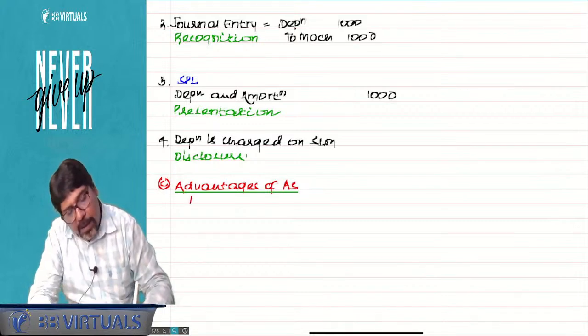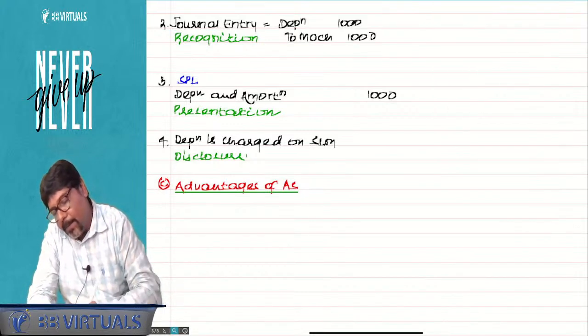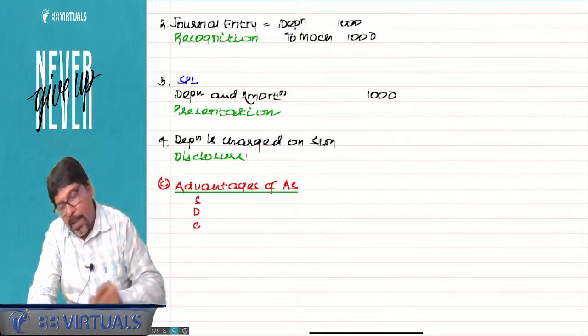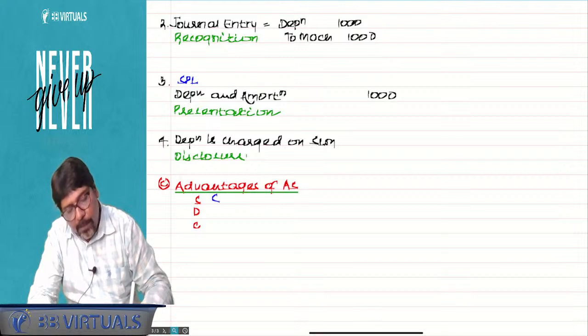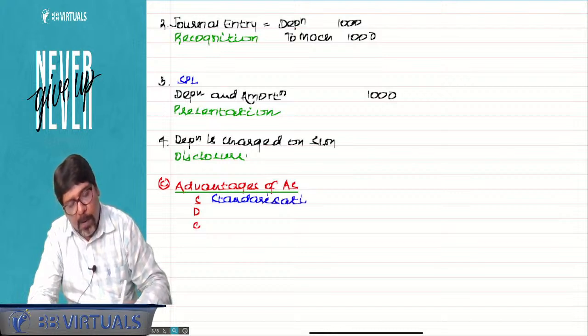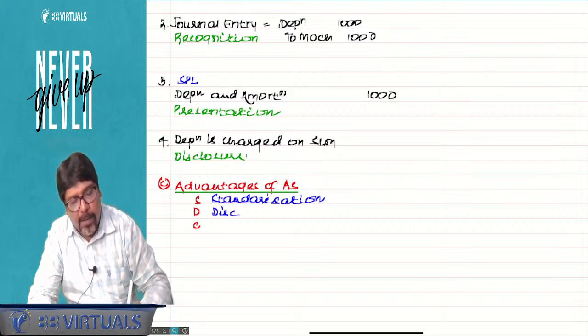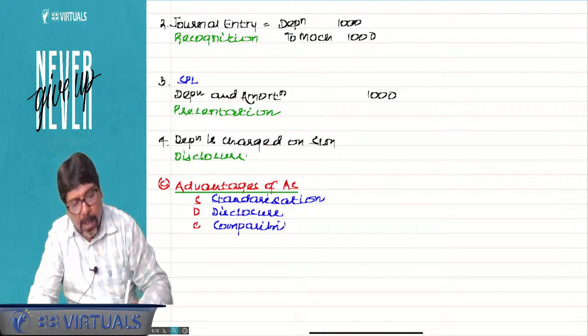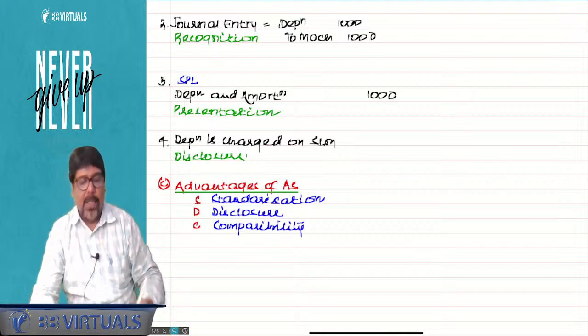The advantage of accounting standards is SDC: standardization, disclosure (too many disclosures), and comparability.